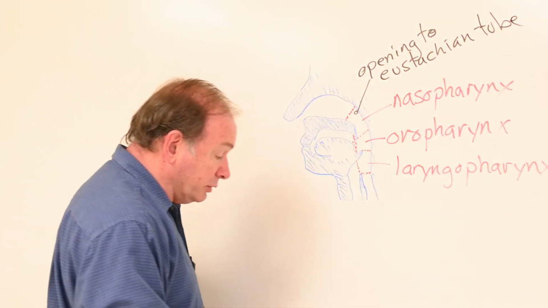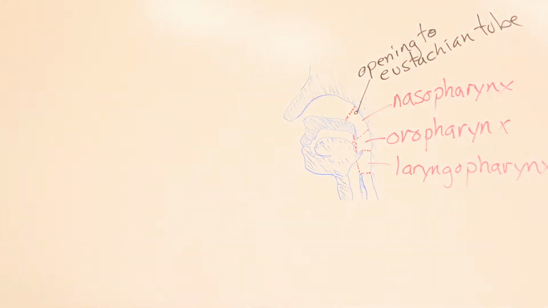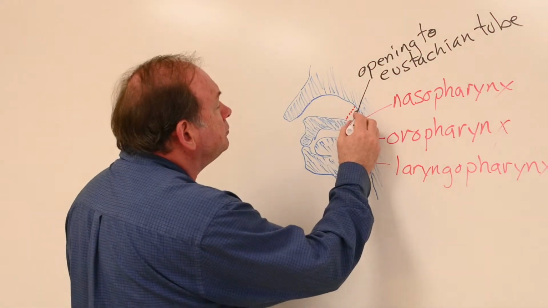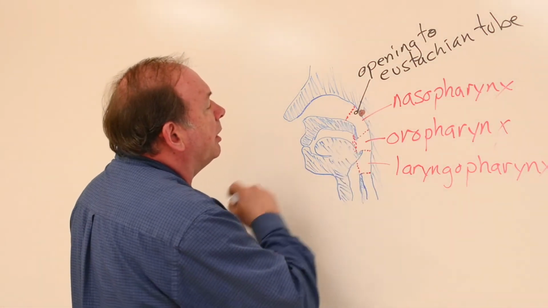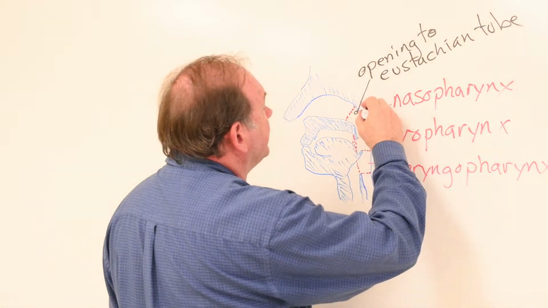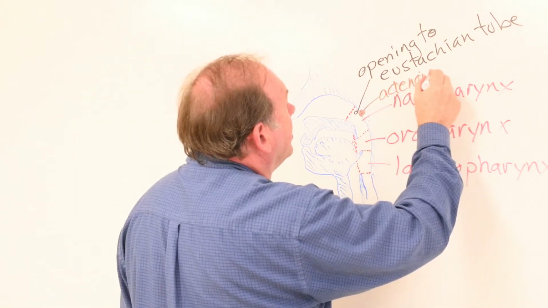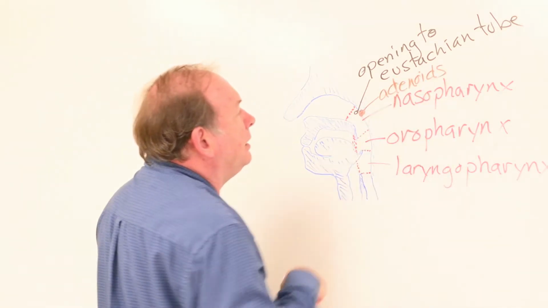Also up in your nasopharynx are some special tissues. Some of your tonsils are up in here. These are your adenoids, sometimes called pharyngeal tonsils.